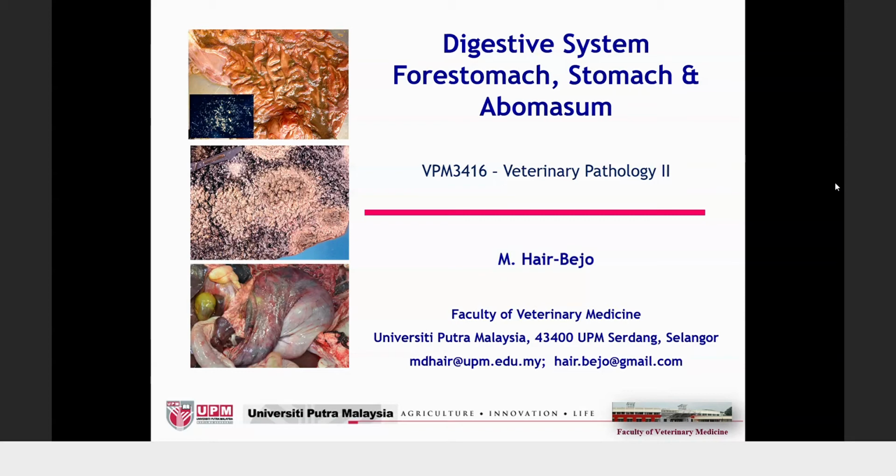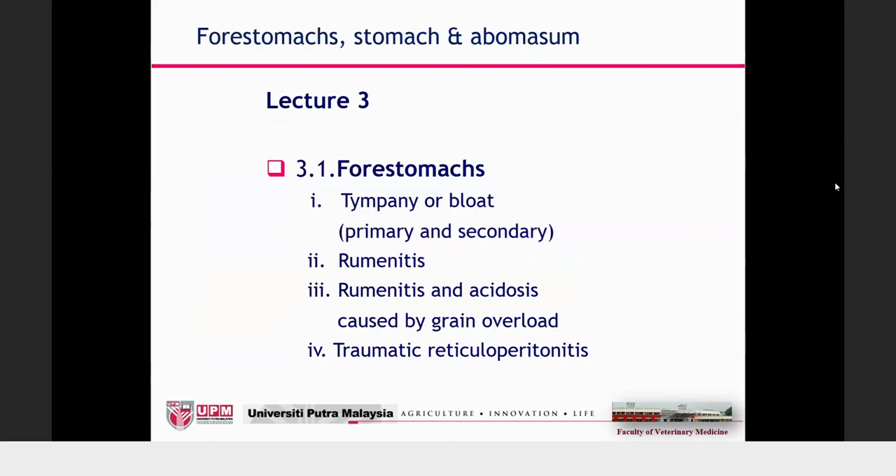In chicken, for example, birds, they have the proventriculus and gizzard. So these are what I call the most important components of the stomach in terms of gross or anatomical structure. With this regard, we cover something particularly on the four stomachs in our lecture 3.